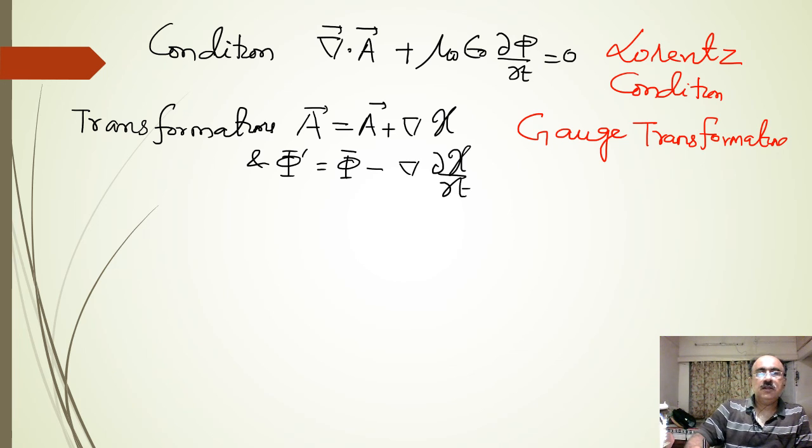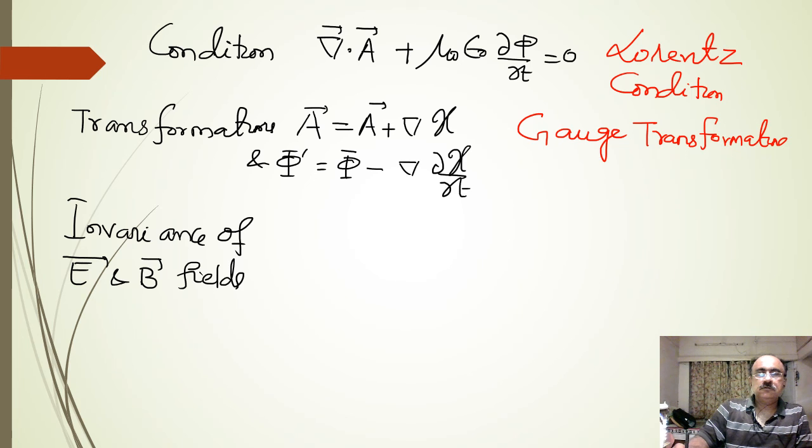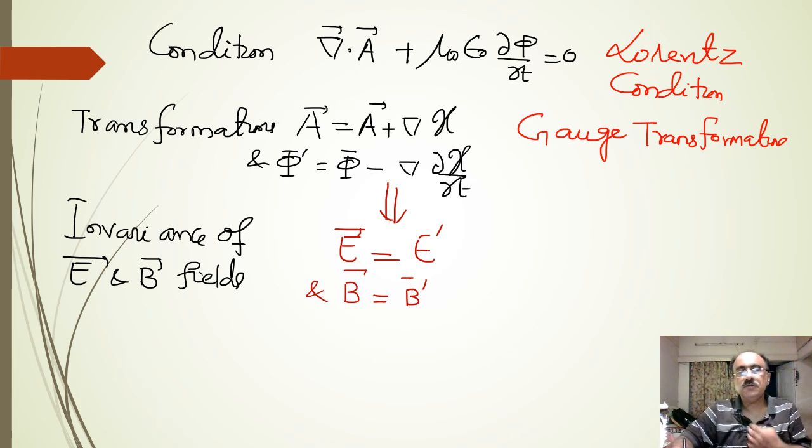And next, the invariance of E and B field. So under these gauge transformations, if E remains the same as E dash and B becomes B dash, then the fields are said to be the invariant quantities under the gauge transformation.